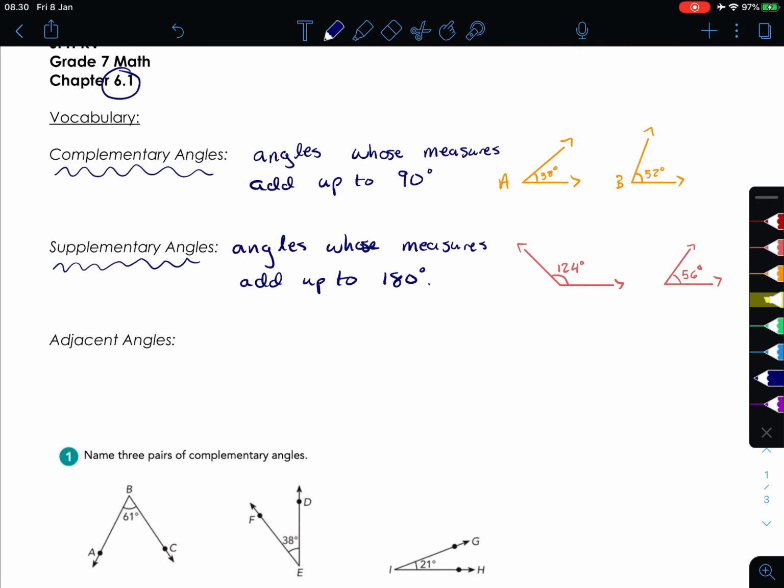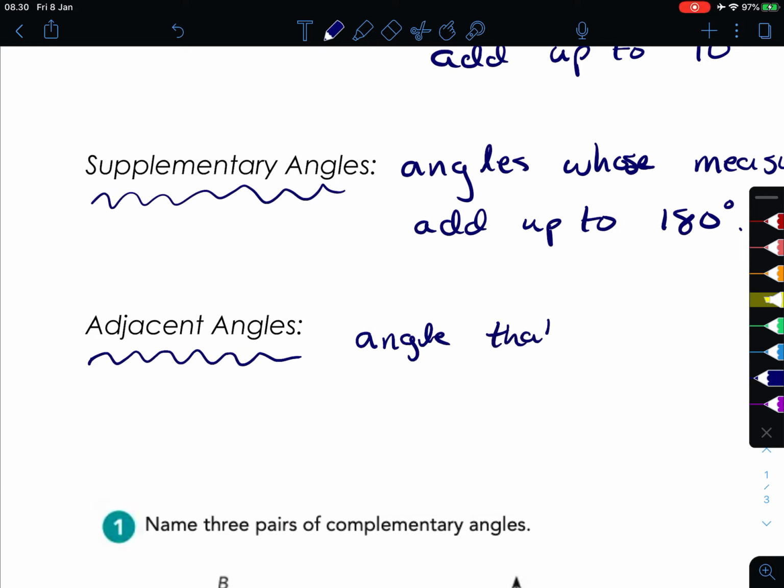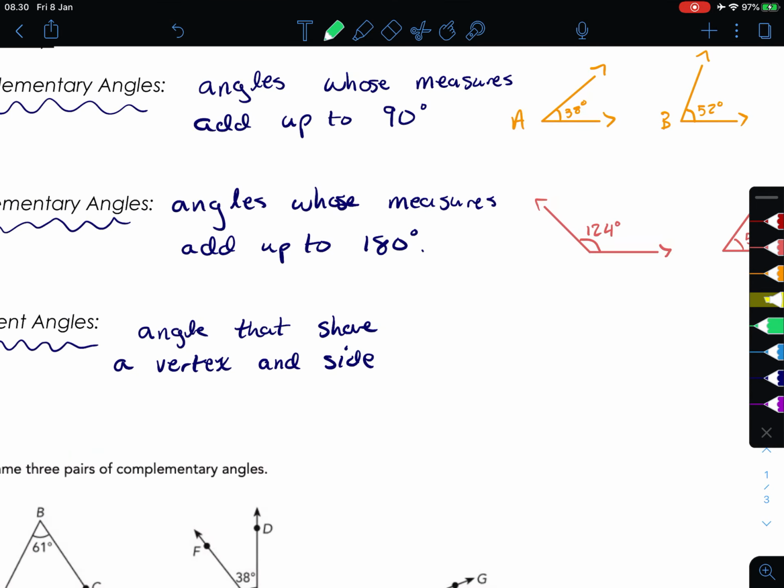Lastly, adjacent angles. Adjacent angles are not angles that add up to a certain number, like complementary or supplementary angles. Adjacent angles are just angles that share a vertex and side. What that means is that they're just right next to each other.